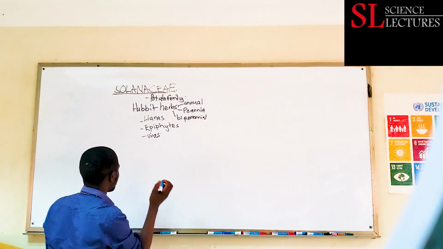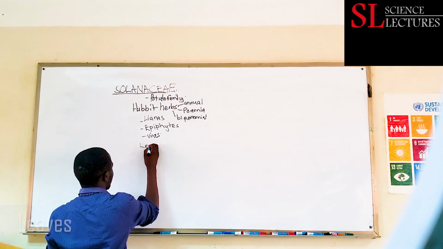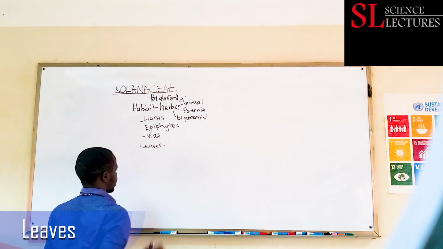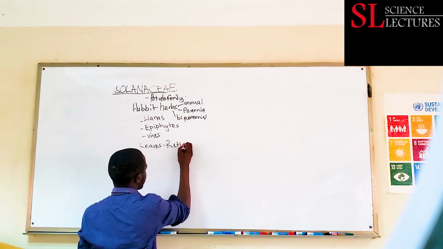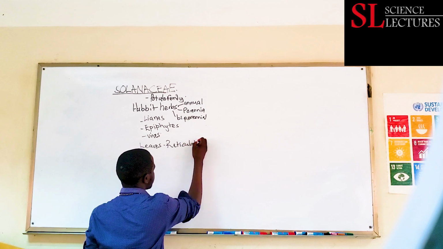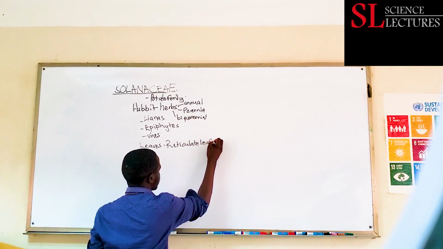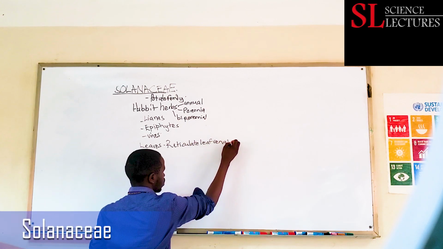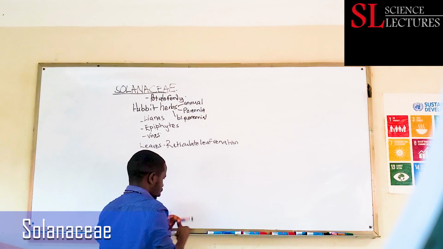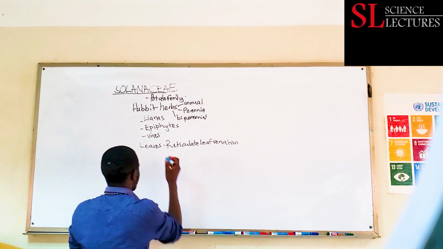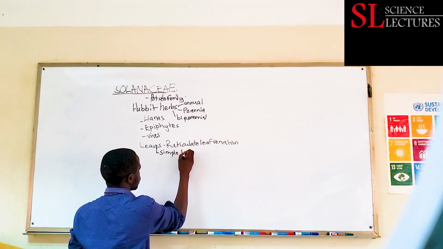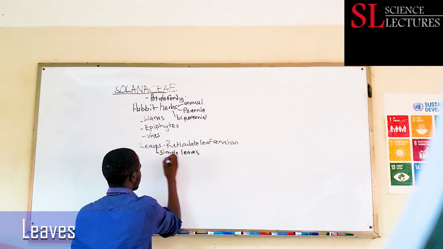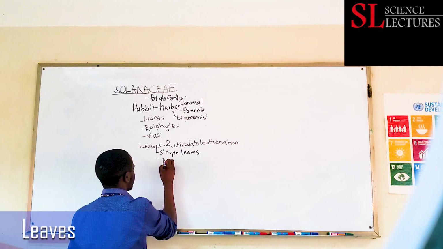Then we are supposed to look at the leaves. These are dicots, so they have reticulate leaf venation. The leaves are simple. The leaves are alternately arranged.